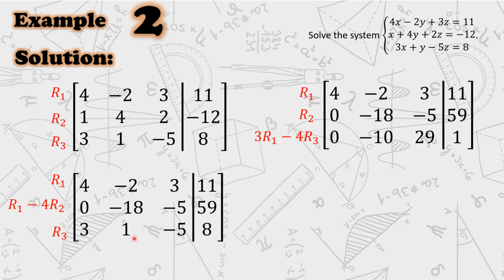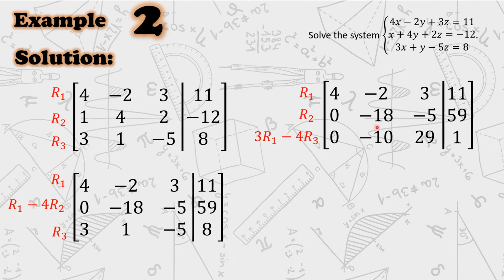Negative 6 minus 4 is negative 10. Next, we have 3 times 3 minus 4 times negative 5. So we have 9 plus 20, positive 29. And then for the third row element in the constant matrix, we have 3 times 11, 33, minus 4 times 8, that is 32. So 33 minus 32, that is equal to 1.